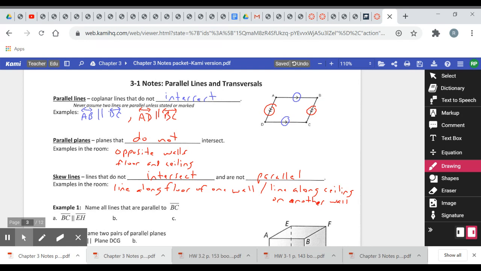Those two lines, if you extend them out, would never intersect each other, but they are not in the same plane, and so they are not parallel lines. They're not facing the same direction either. And we'll look at some examples and some pictures on the page down below.